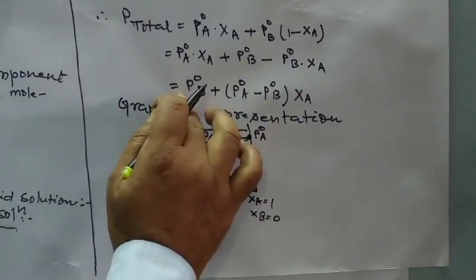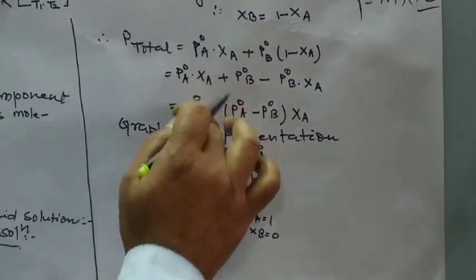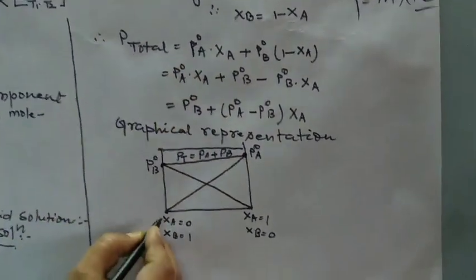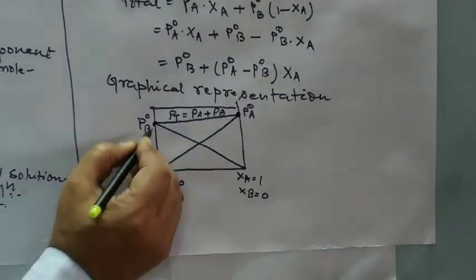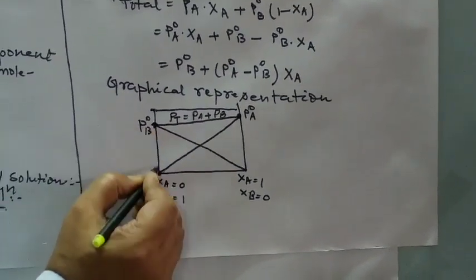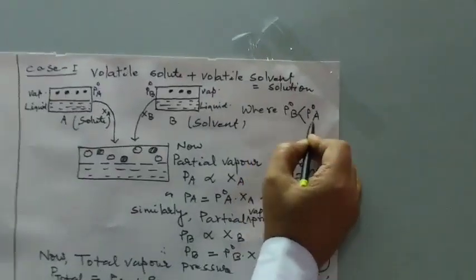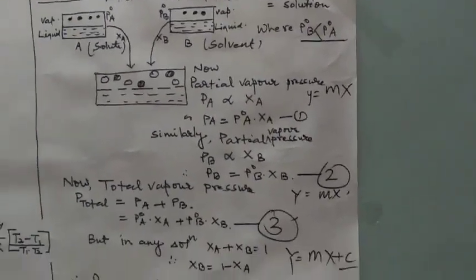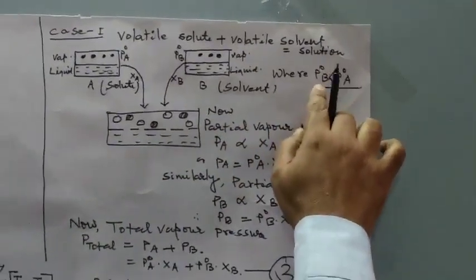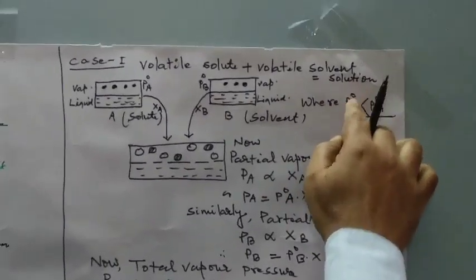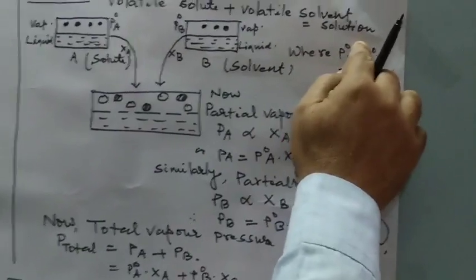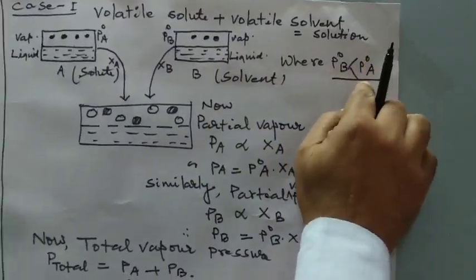That means P total will be P naught B, the vapor pressure of the pure liquid. So this is XB equals 1 and this is P naught B, the vapor pressure. Here we have taken P naught B less than P naught A. That means the vapor pressure of liquid B is less than P naught A. B is the solvent and A is the solute.